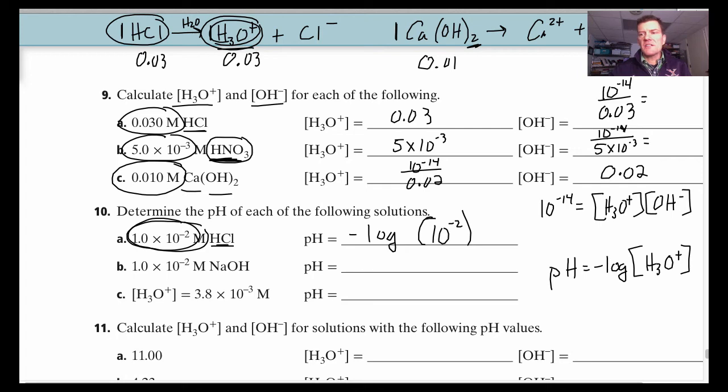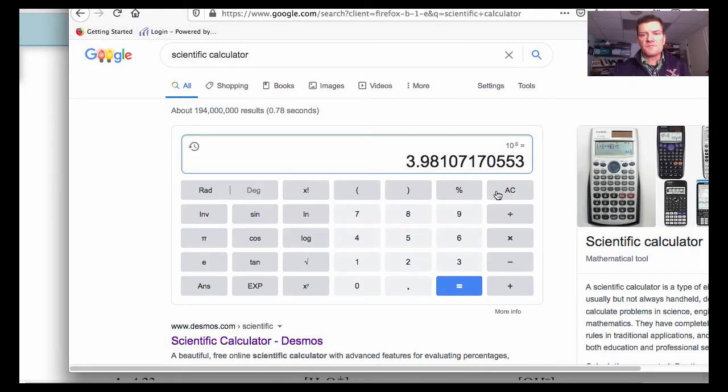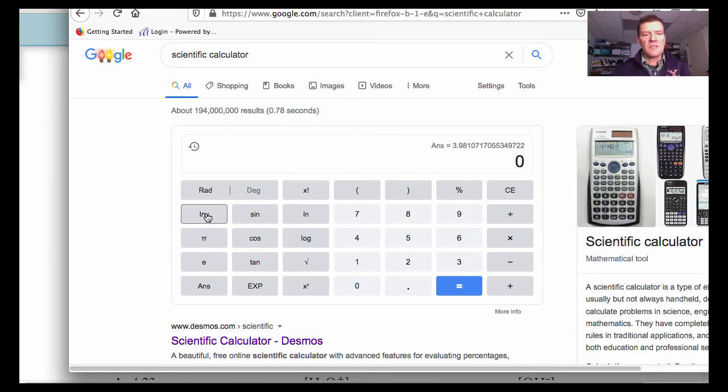So on your calculator, I would do 10 to the certain power, which is the inverse of log. So here I have a log button, so I want to do inverse, or maybe on your calculator it says second function. Okay, notice when I hit inverse, the log turns to 10 to the x. So I want 10 to the x.